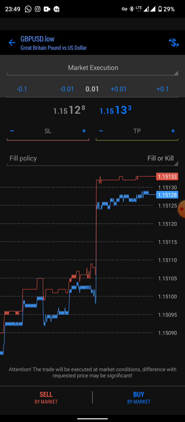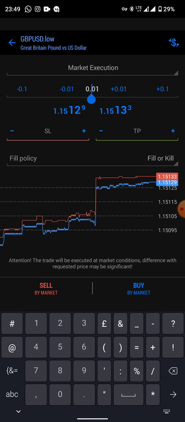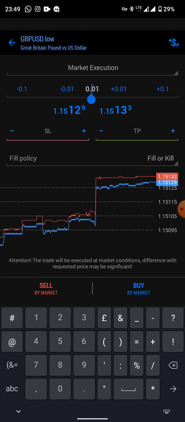So all these buttons here is where you're going to be hitting to change your different lot sizing, and the simplest way of doing this is simply hitting on these particular digits here, because when you hit on it it brings out your cursor where you can type in the lot size that you want. So that's that for those of you having issues changing your lot sizes.